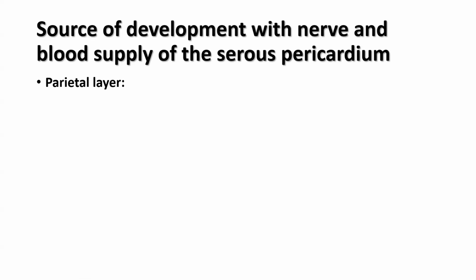Any parietal layer of any serous membrane will develop from the somatopleuric layer of lateral plate mesoderm, like the parietal layer of the pleura, the parietal layer of the peritoneum, the parietal layer of the synovial membrane, all develop from the somatopleuric layer of lateral plate mesoderm. So, our parietal layer of serous pericardium develops from the somatopleuric layer of lateral plate mesoderm.